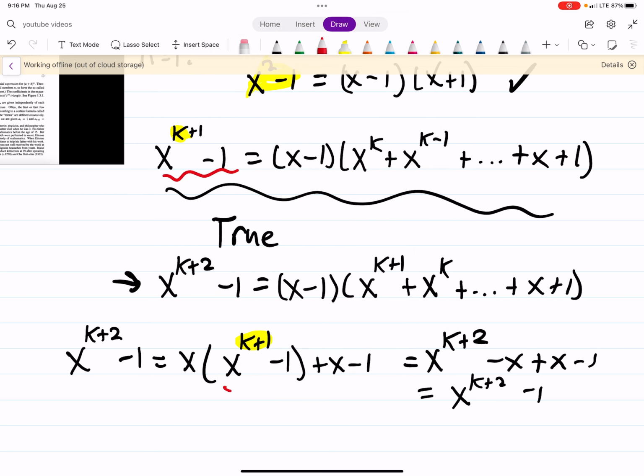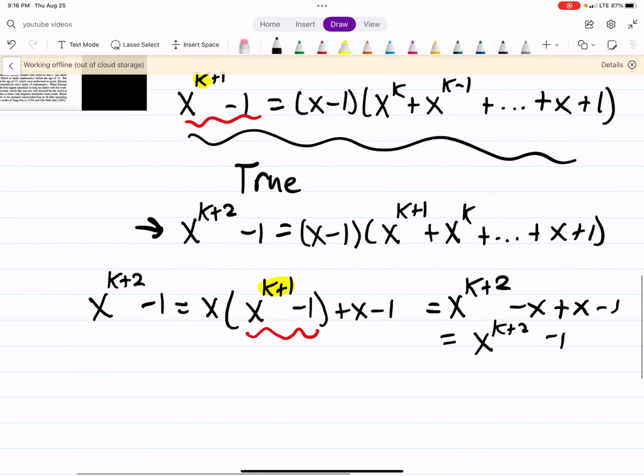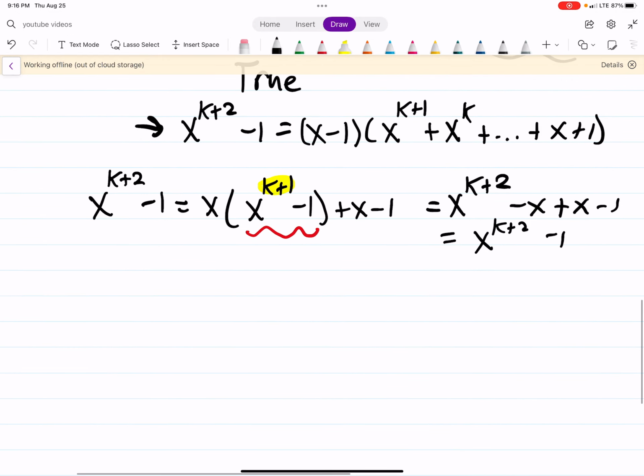This we assume to be true, and this is kind of where we're at. So now we can actually substitute that in, which is what we want to do. And when you do that, you'll have your x minus 1. Let's factor out, let's do this, x times x minus 1.